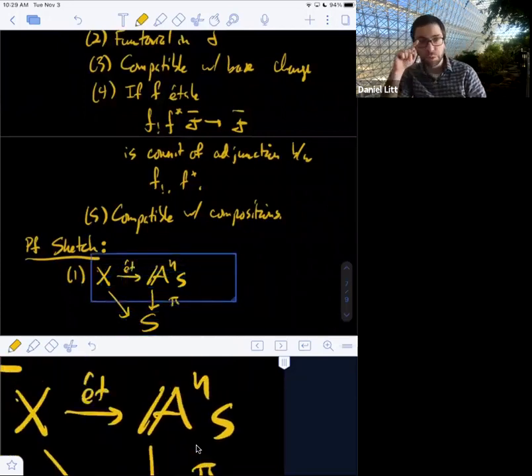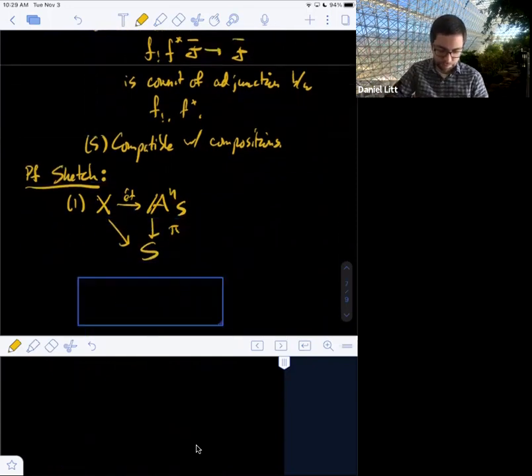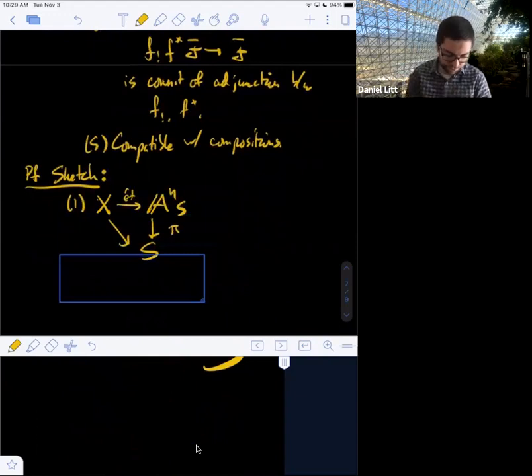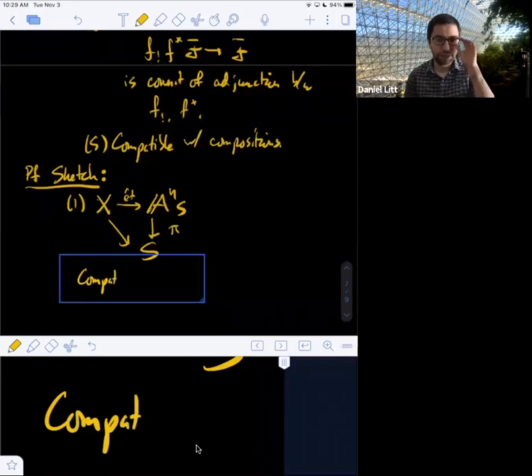So every smooth morphism locally looks like this, right? This is the structure theorem for Etale morphisms. So compatibility with composition. I'm going to first make a construction and then I'll say a word about why it's independent of choices.